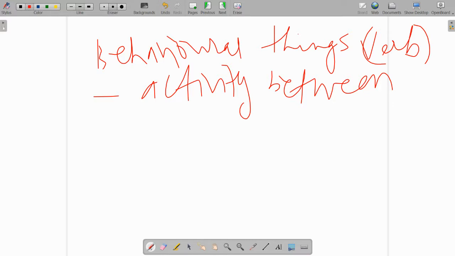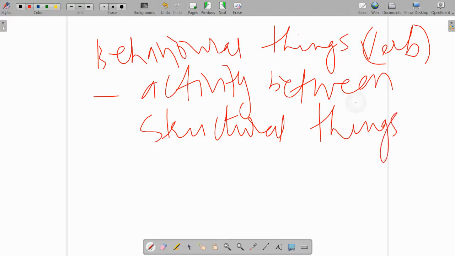The activity which has to be shown between two what? Can I say activity between structural things? Do you agree with this? Between structural things? Yes or no?